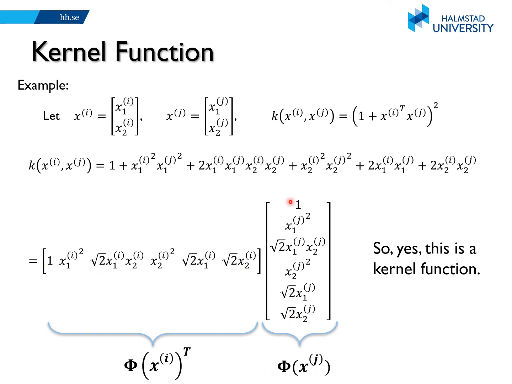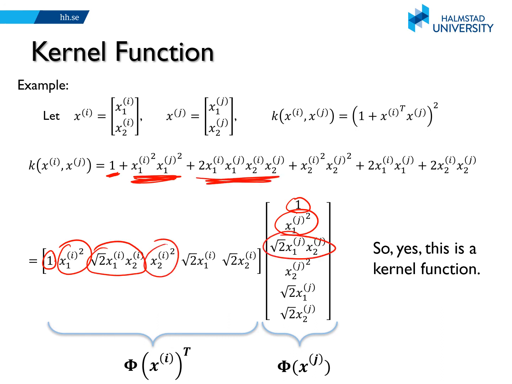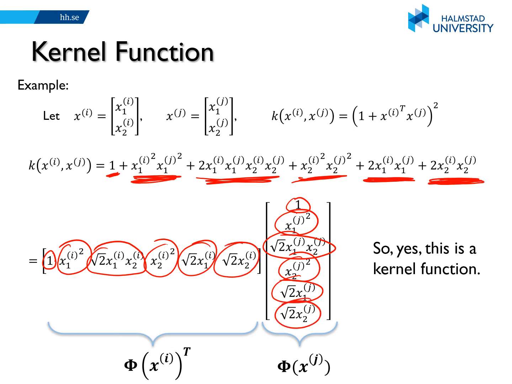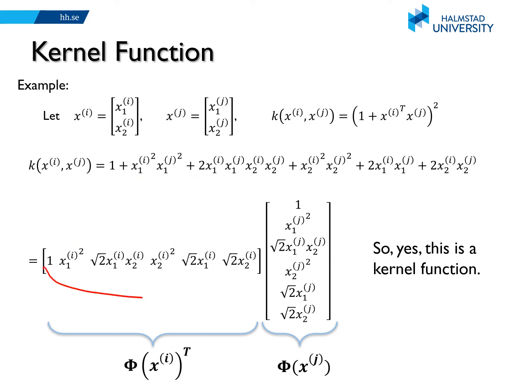Because this transposed vector times this is equal to 1 times 1, this is 1, plus this times this, and this gives you this, plus this times this, and this gives you this part, plus this times this, and this is this, plus this times this is again this, plus this part times this one, and this is this. And you can see that this first vector, denoted by phi of xi, depends only on xi.